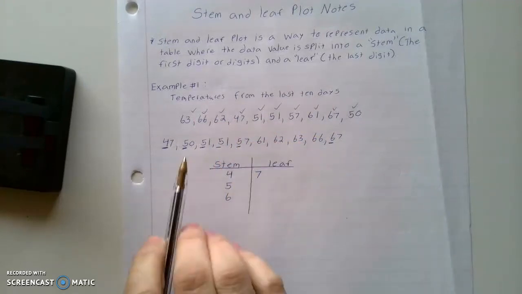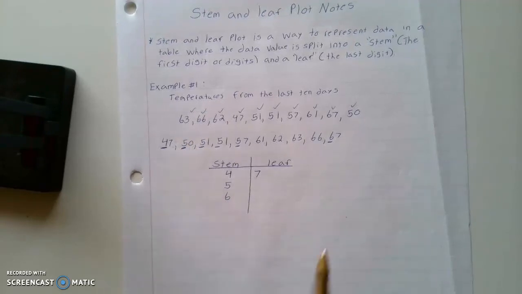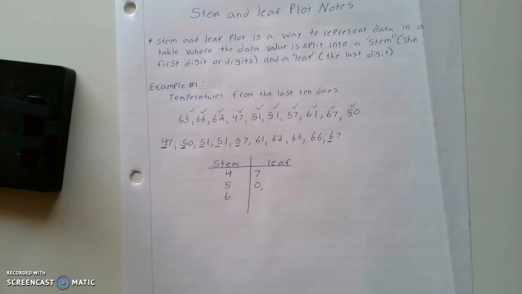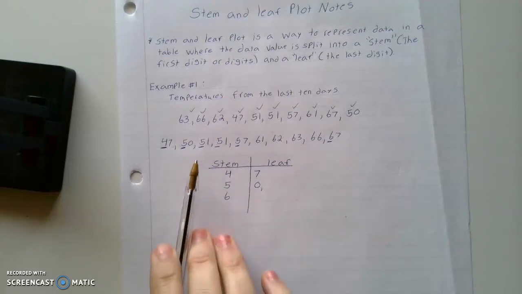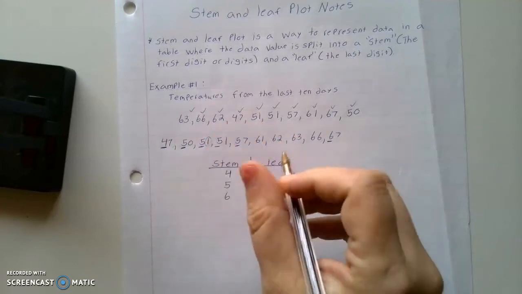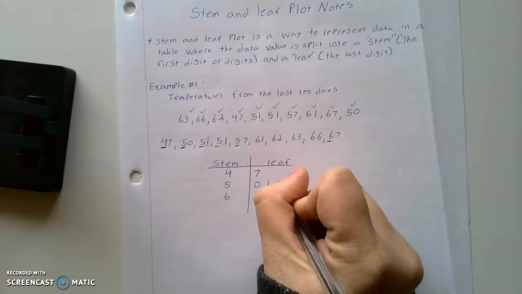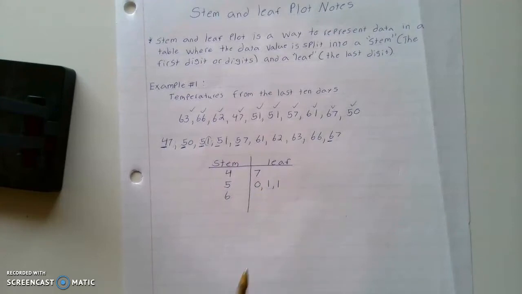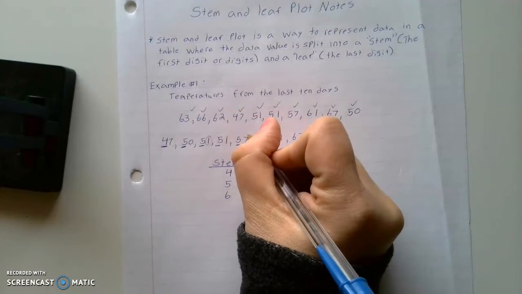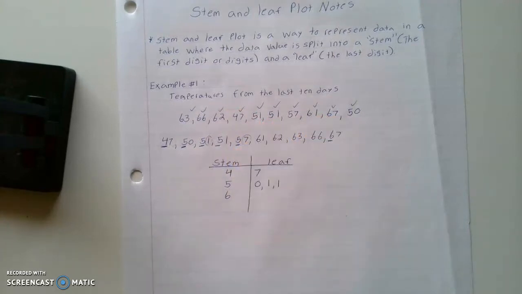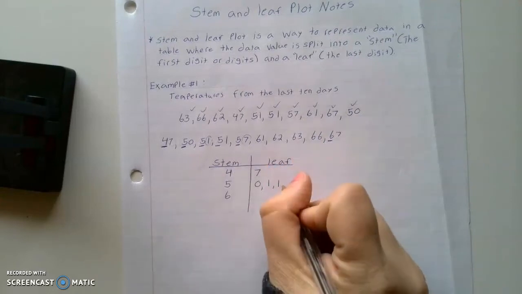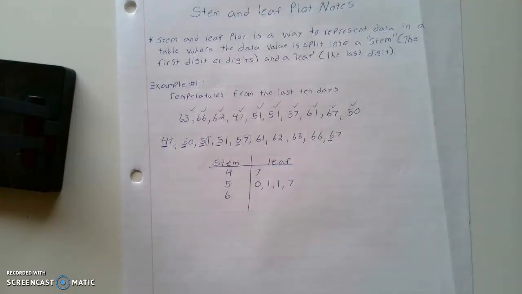So my first leaf here is a 0. Remember, we have to list these least to greatest. So it just makes it easier to already have our numbers least to greatest. So these have a last digit of a 1. So my leaf is a 1. And if you have two 51s, we have to list that 1 twice. Okay, and then my last number in my 50s right here has a stem of a 5, and then my leaf is a 7.